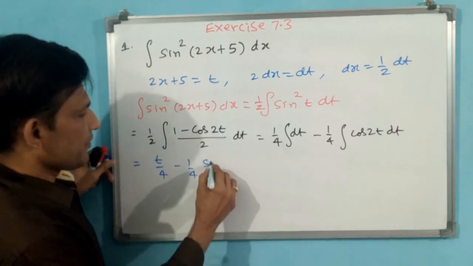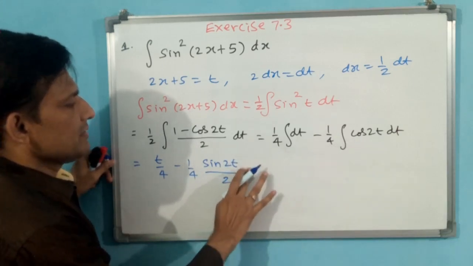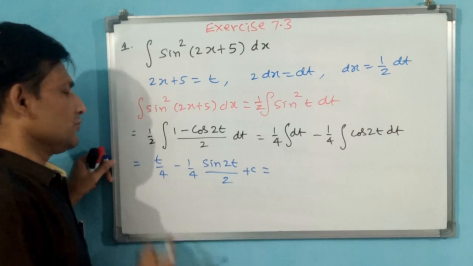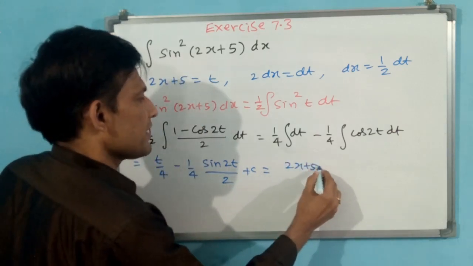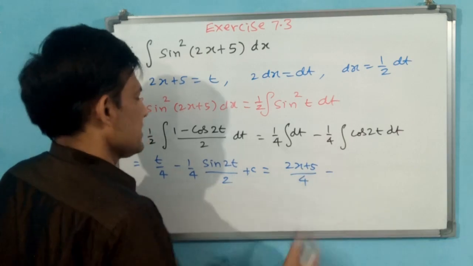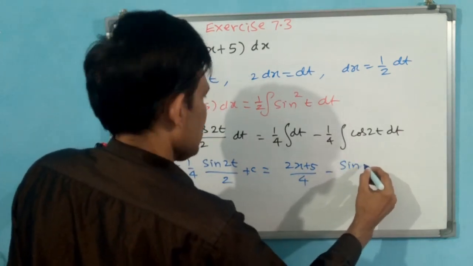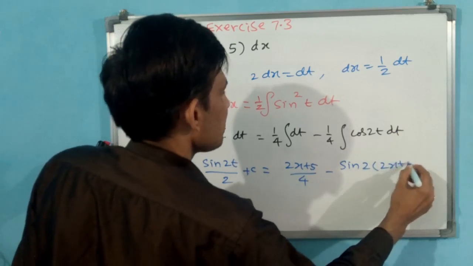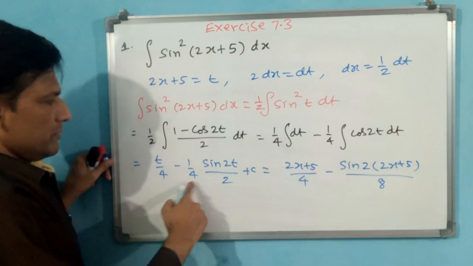That means sin 2t by 2 plus c. That is equal to, you see, t is what? 2x plus 5. Write down 2x plus 5 by 4 minus, divided by 8 will come, sin 2 into 2x plus 5 by 8, 2 into 4, 8.